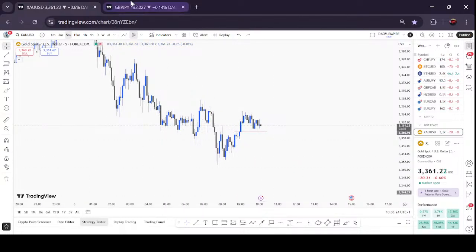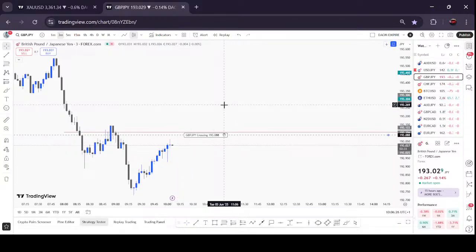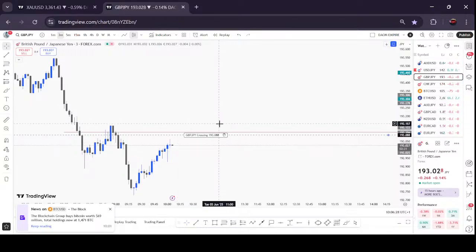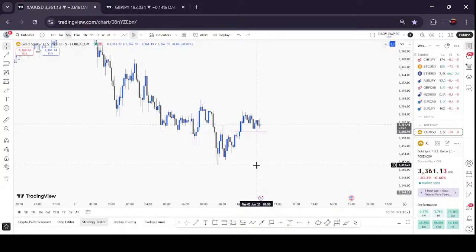Okay, so let's still hold on to GBP JPY. What I am expecting on gold, I'm still going to be a little bit patient. Why? Because this guy might just sell all the way to this level, take out this low before we start seeing the buy, and it might just come up here and start buying.